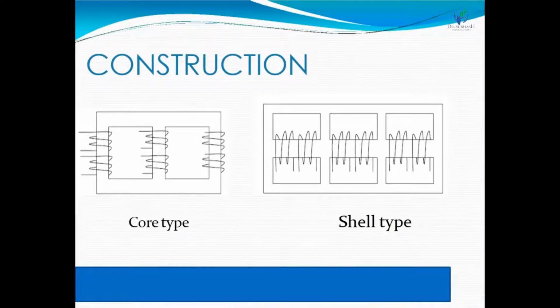Three single-phase shell type transformers can be combined to form a shell type three-phase transformer, but some saving of iron can be achieved by constructing a single three-phase transformer. It does not differ from three single-phase transformers placed side by side, but there is iron saving due to the joint use of the magnetic path between the coils.